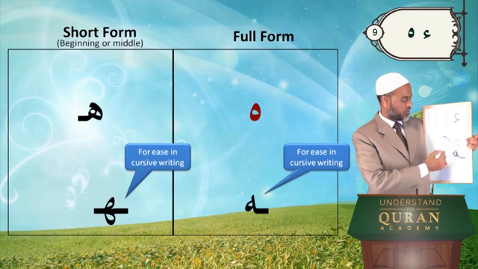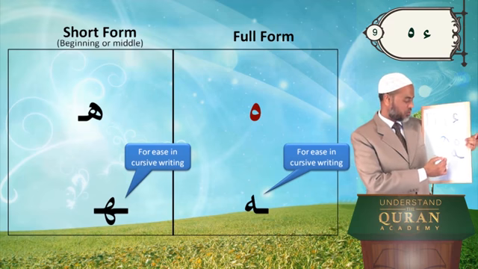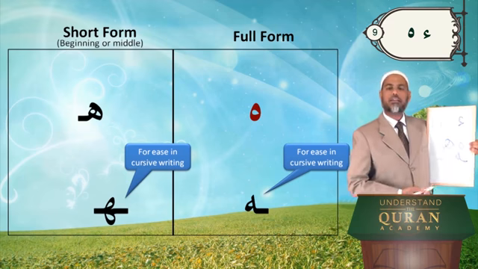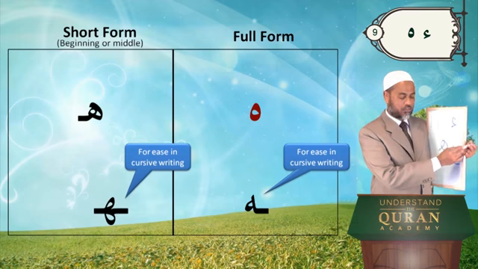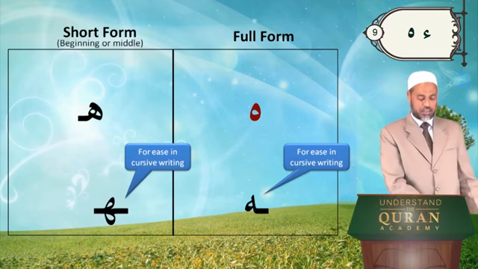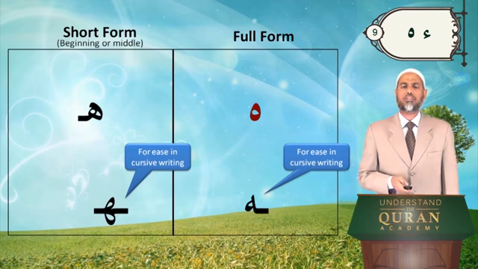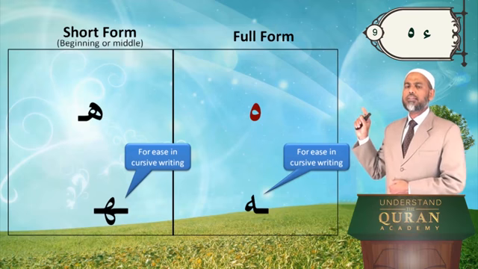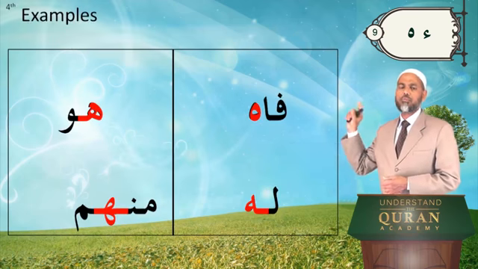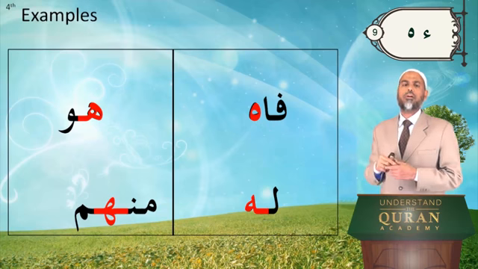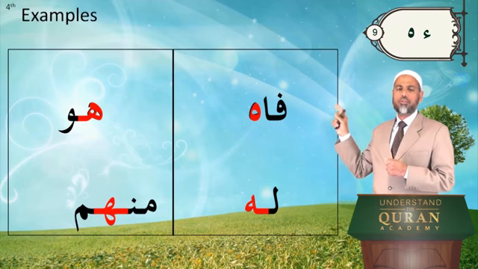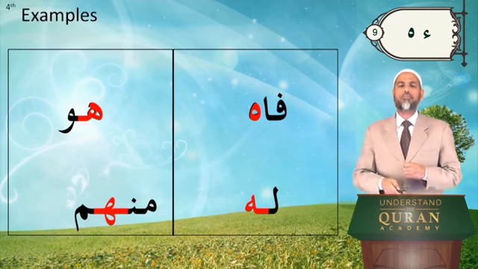So instead of going a long route, just make this loop or double loop and make that Ha. Minor change, just to make life smooth in cursive writing. Here are examples of Ha in its full form and short form with connectors given below.